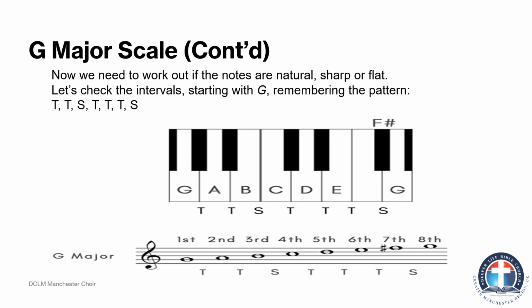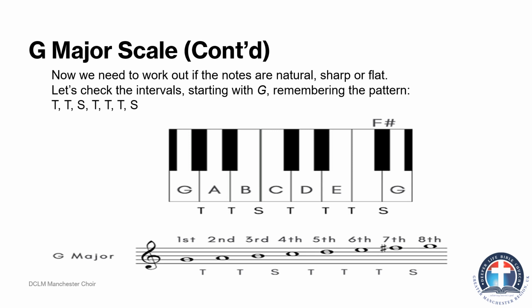So therefore, the distance moved there is a semitone, not a tone, but a semitone. Then also consider from C to D. There we have a movement of a tone. And from D to E, we also have a movement of a tone.